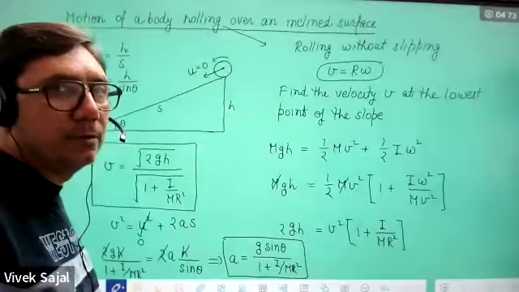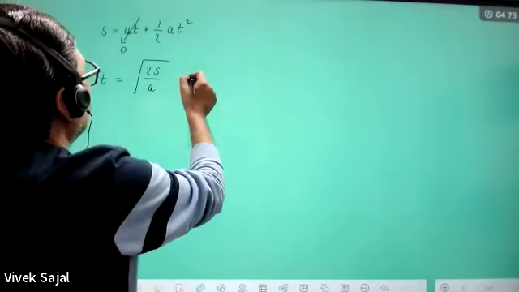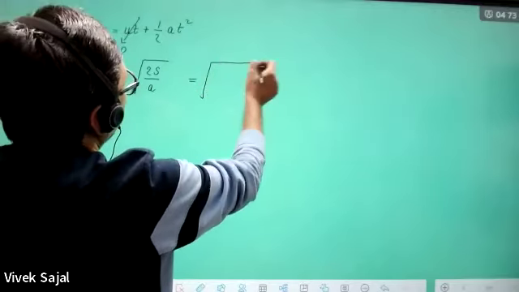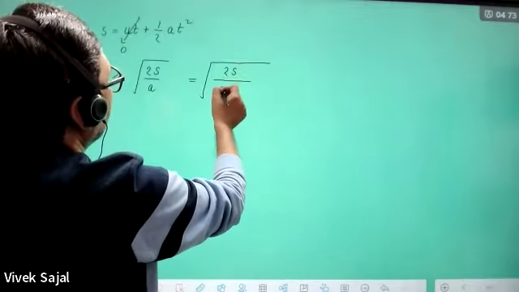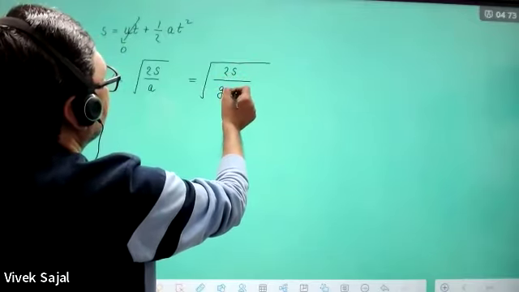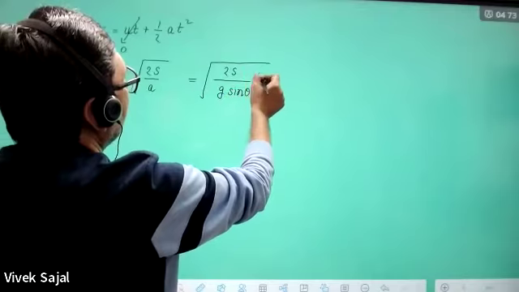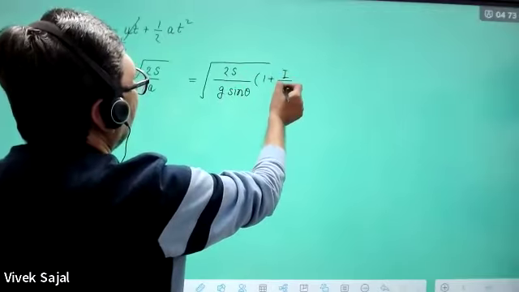So what it will be? This will be 2s here and a, so 2s and a is g sine theta, and here it will be 1 plus I upon mr square.